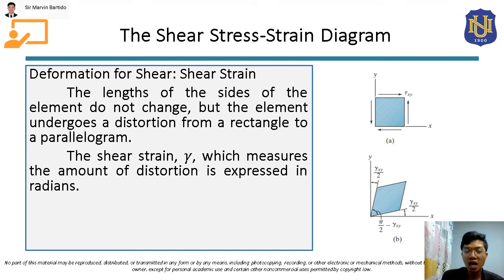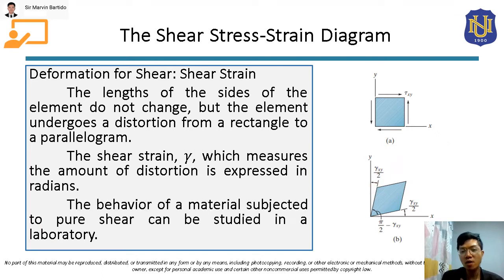Okay, so the behavior of a material subjected to a pure shear can be studied in a laboratory, and the data from that test can be used to plot the shear stress strain diagram, just like how we plot the normal stress strain diagram.